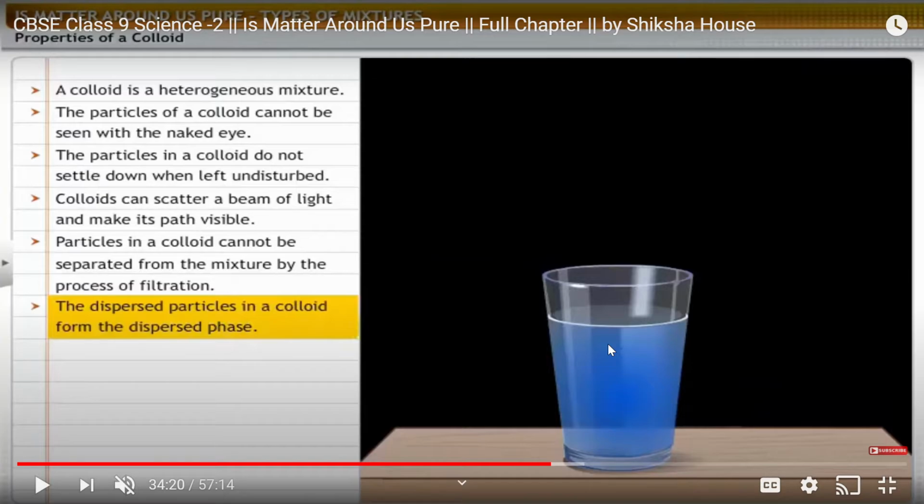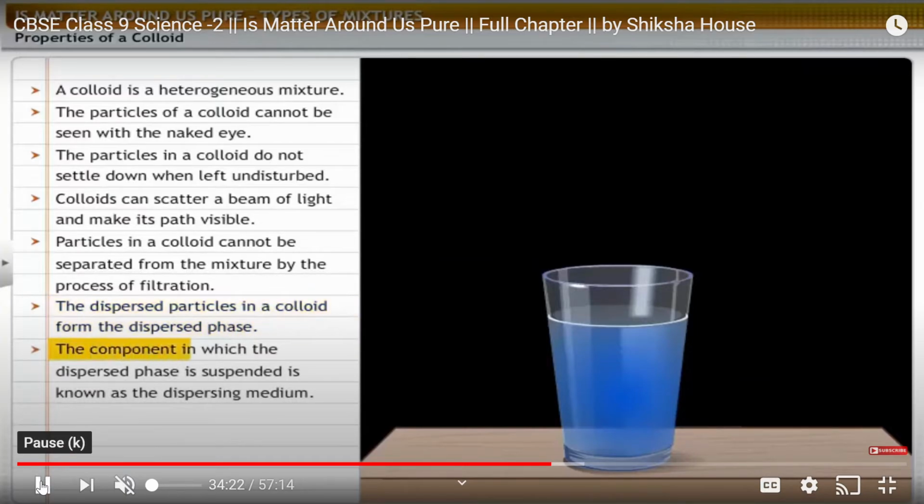The things which you consider as solute here in colloids, we call them as dispersed particles. Okay. And the thing which you consider as solvent, we call it as dispersing medium.